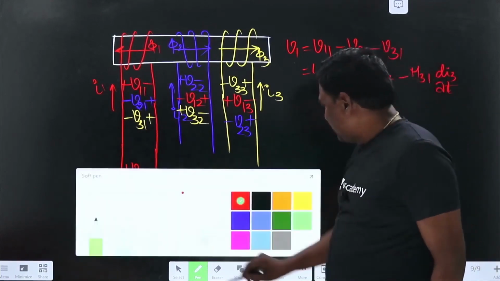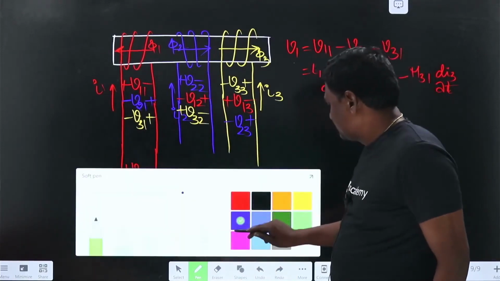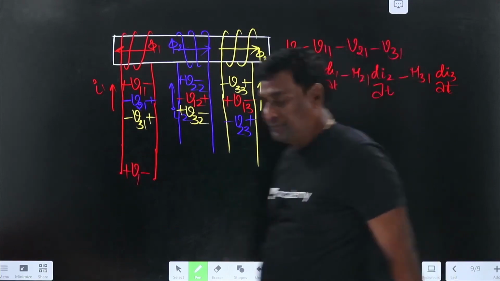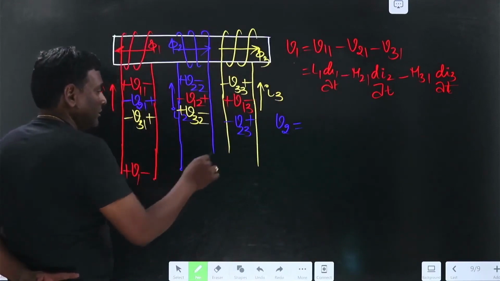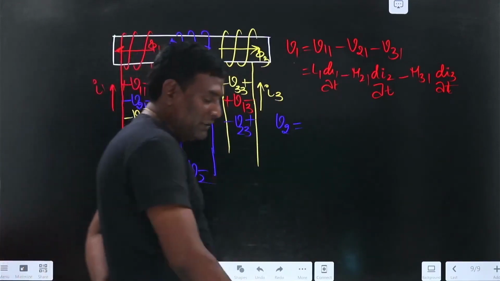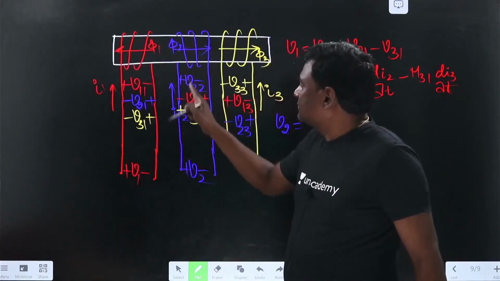Let me write yellow, blue. So V2 equals my net V2; I2 is entering here, so net V2 plus minus. Net V2 minus of V2 or V2 equals plus minus plus.